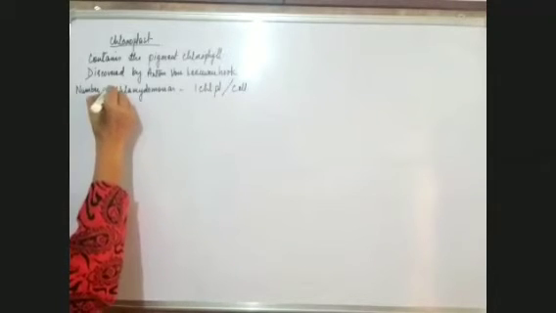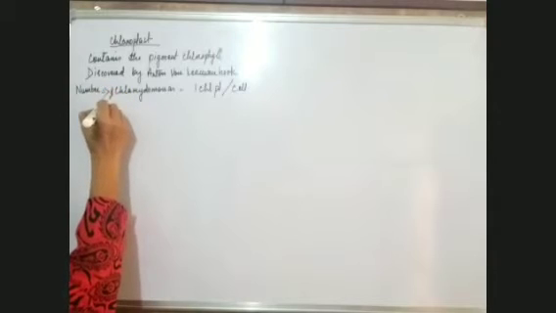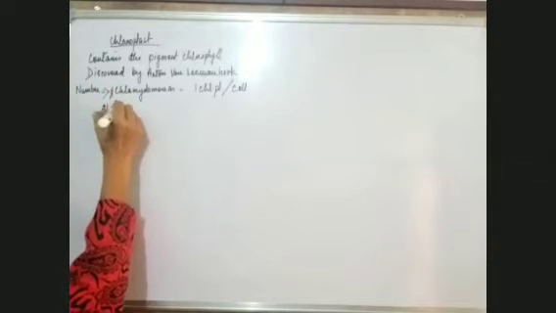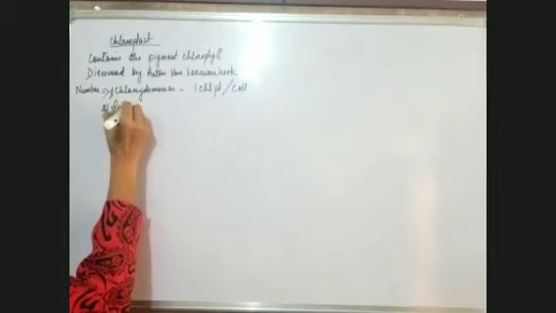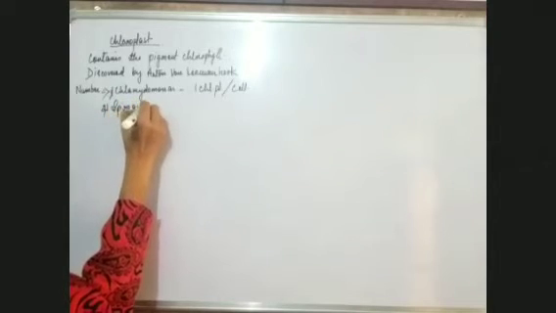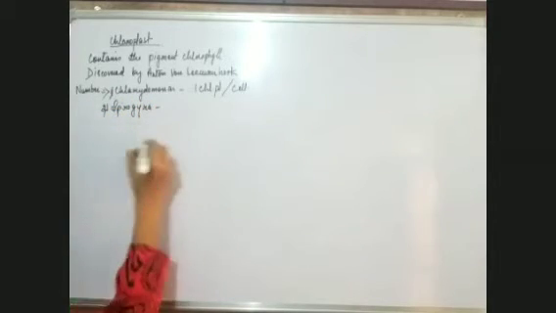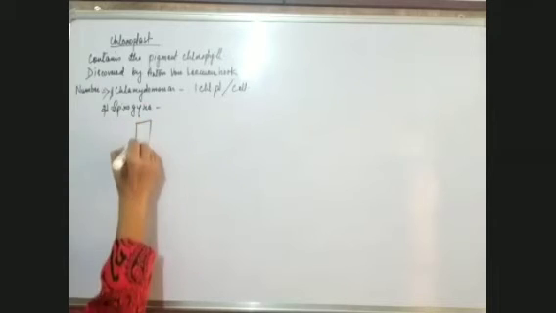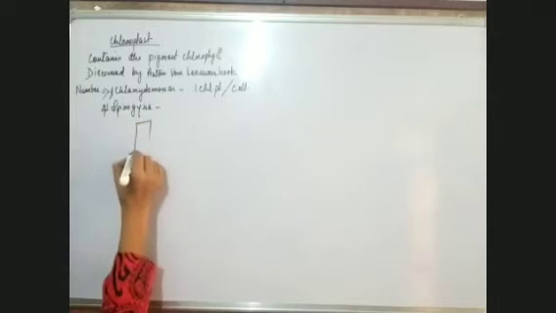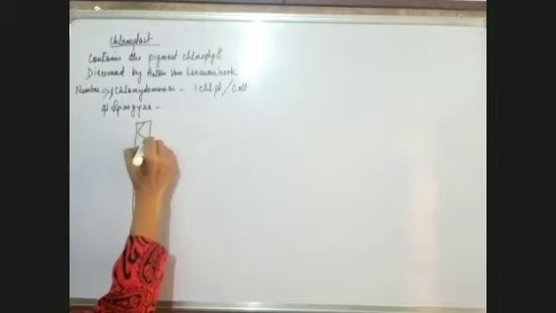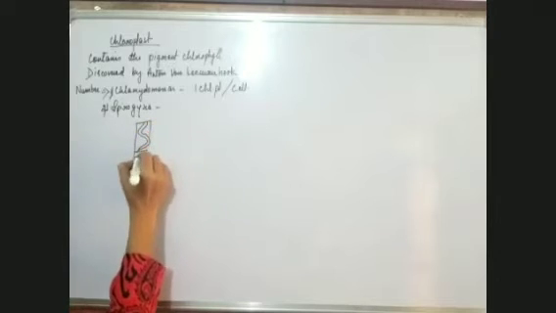Then there is another organism, and the name of that organism is Spirogyra. If you remember, Spirogyra appears somewhat like this. It is filamentous, and we have various filaments here, and the chloroplast is ribbon-like in this.